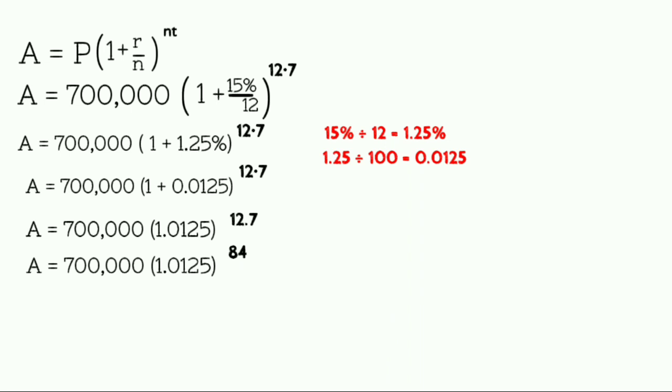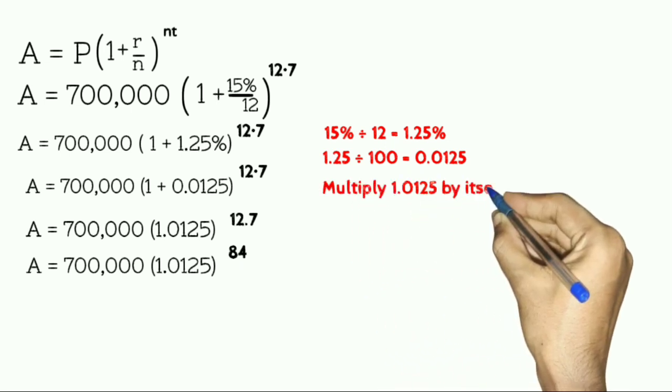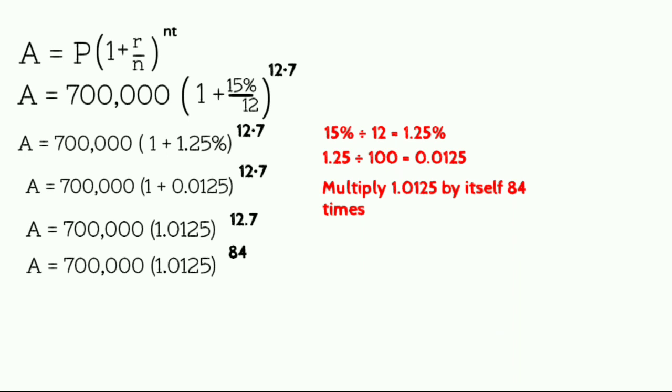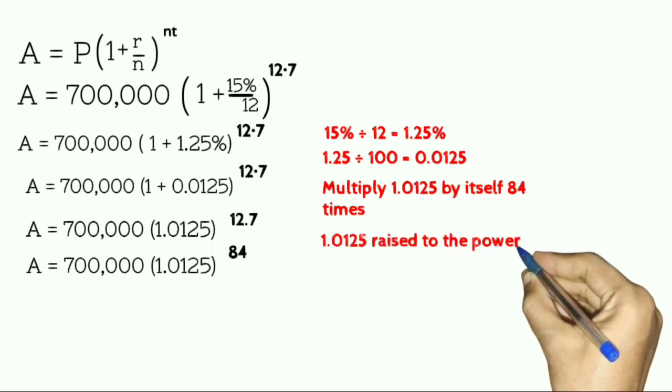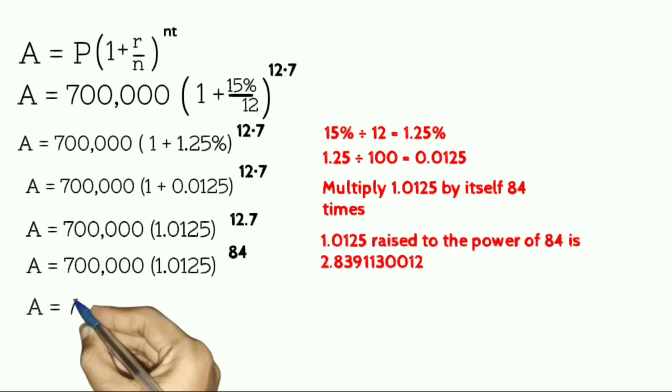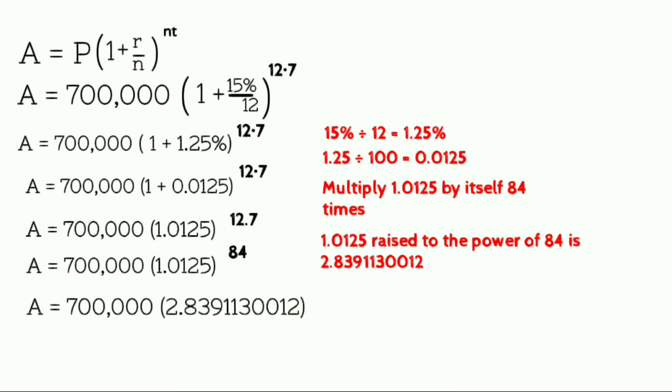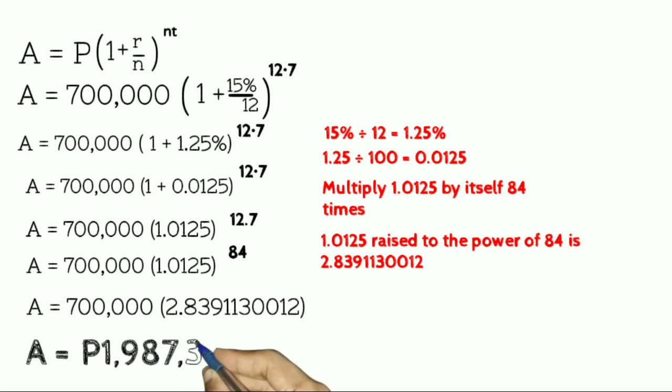That will become 700,000 times 2.83911300 12. So our accrued amount or maturity value or future value is 1,987,379.10 pesos.